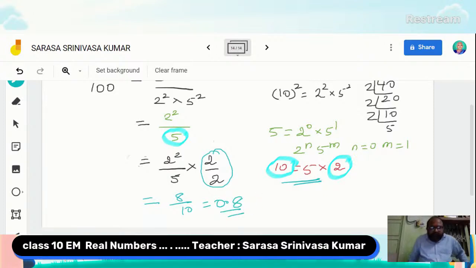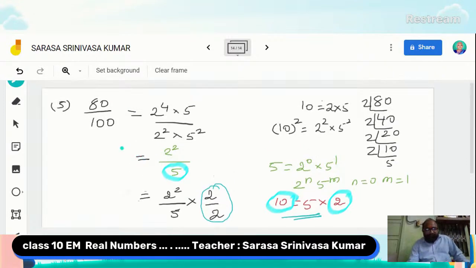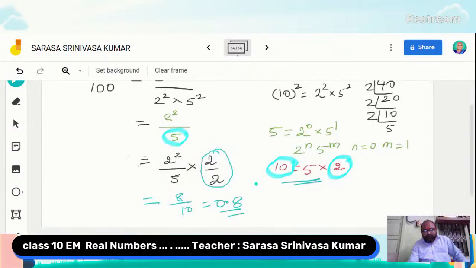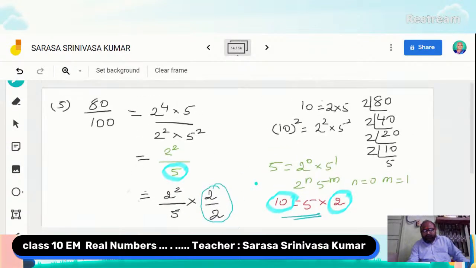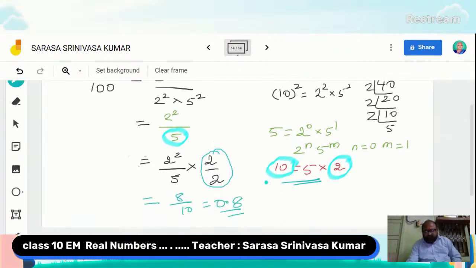But students must understand that it is already in the form of 100 in the denominator. Why should we follow all this? We need not do all this procedure for this problem.